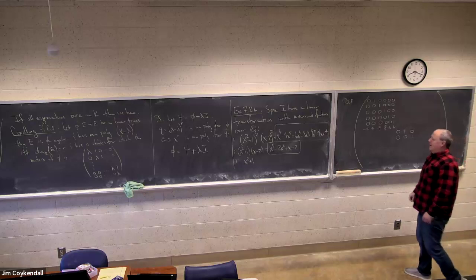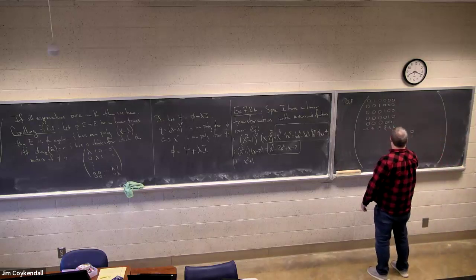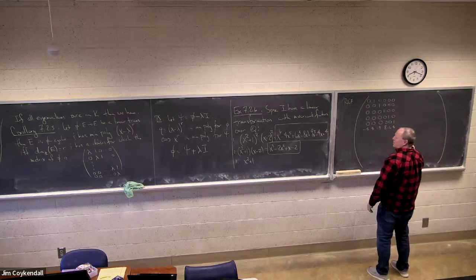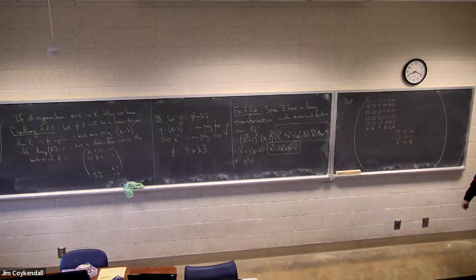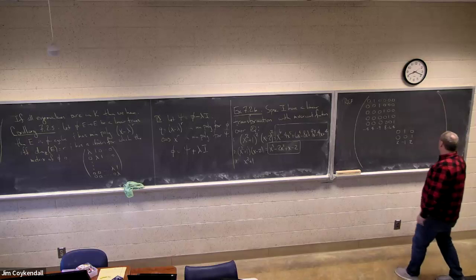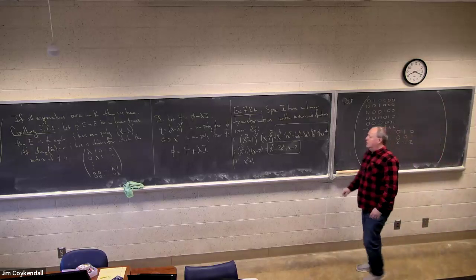And finally, I guess I get 2, -1, 2. And finally, I get this last little 2 block here.